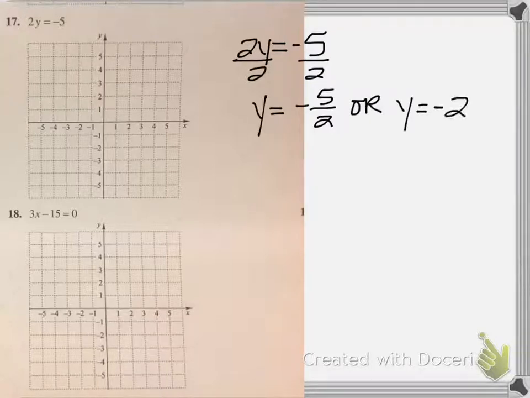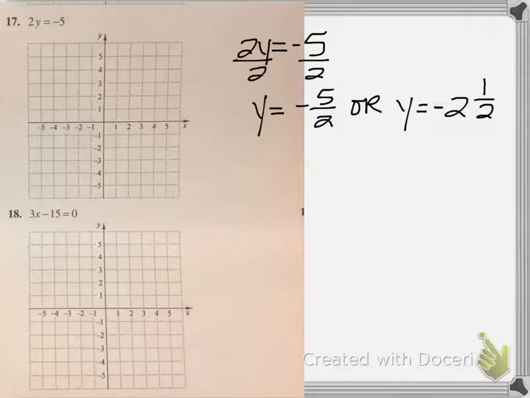as negative 2.5. Since I'm graphing, it's easier to think of it in terms of a decimal or mixed number instead of an improper fraction. Since there's only a single variable, what this tells me is I'm either a horizontal line or a vertical line. And the way I know which is if I'm y equals, then I must cross the y-axis.